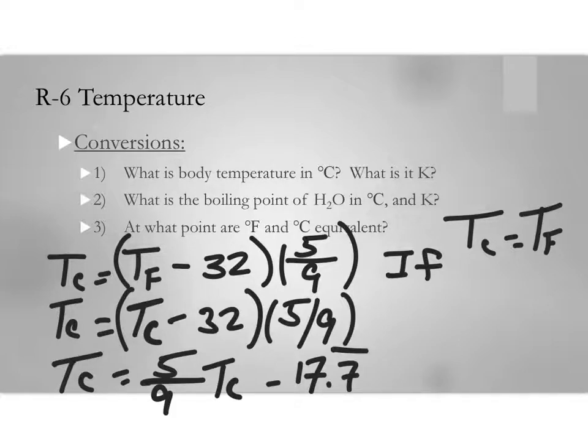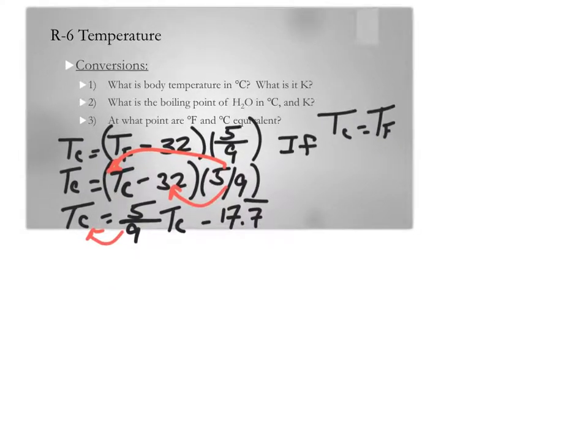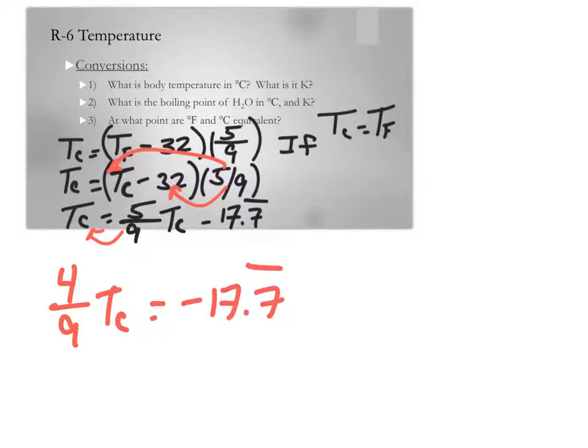So you'd have Tc equals 5/9 Tc, because it's this times that, and then times that. So you get 5/9 Tc minus 17.7 equals Tc. If I move that over there, I would get 4/9 Tc equals negative 17.7.